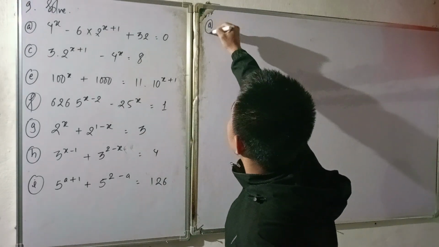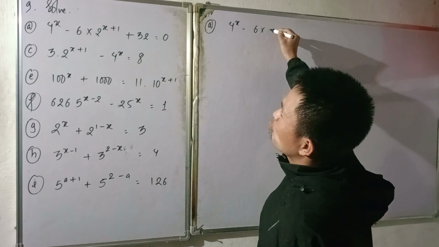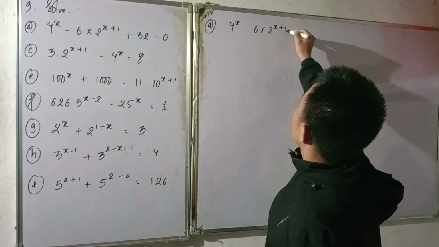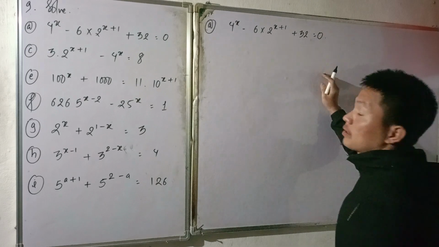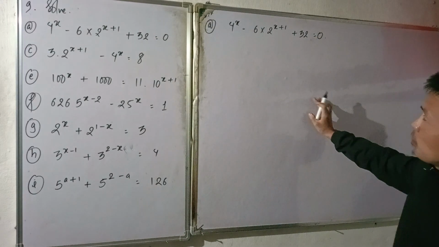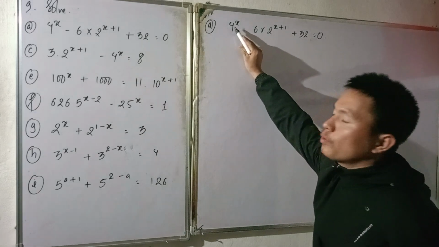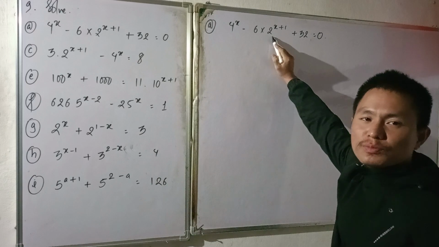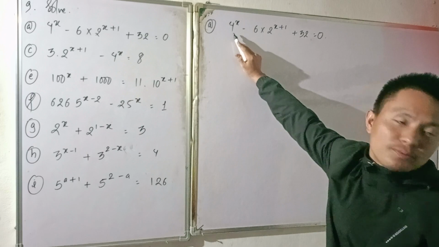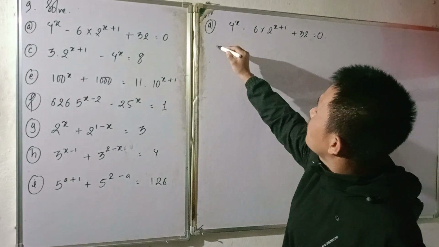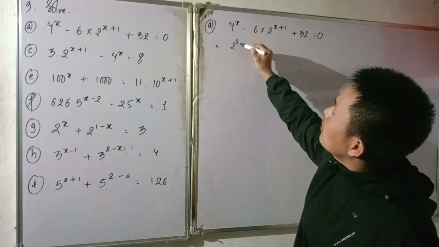In number 9a, the question is like this: 4 power x minus 6 into 2 power x plus 1 plus 32 is equal to 0. Here there is already 2 power x, so you have to bring this 4 into a power of base 2. 4 can be expressed as a power of 2, that is 2 square.